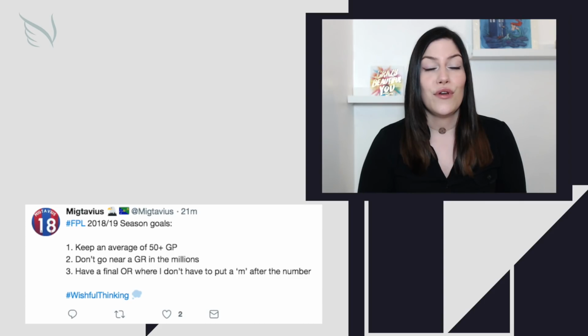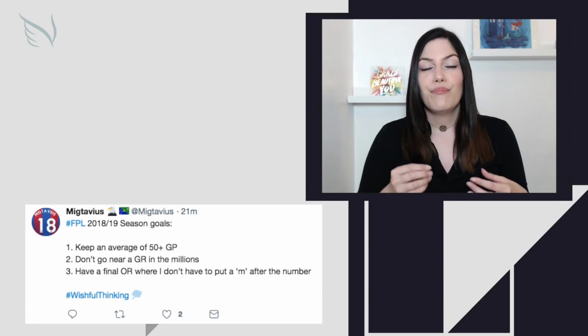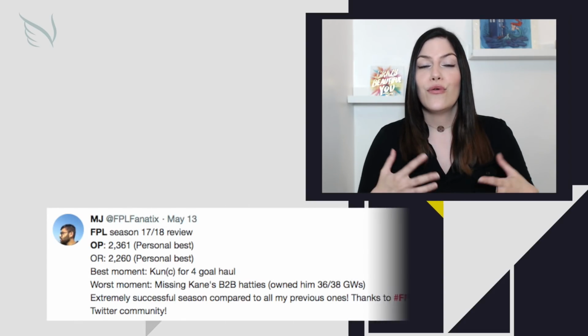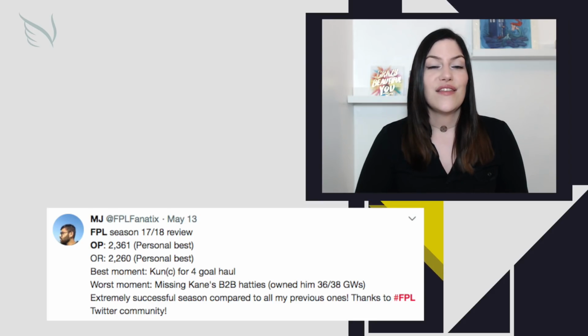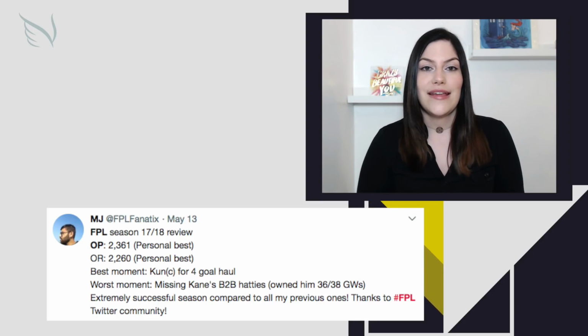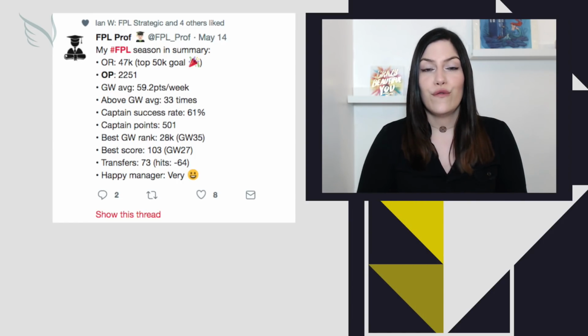This is closely followed by GR. Your game week rank. That's how many points you've gathered in a game round against other players playing in the game. Both of these though will tally up to your OP. That's your overall points. These are the points you've amassed over all of the game weeks that you've played. And all of these will add up to your OR. That's your overall rank.